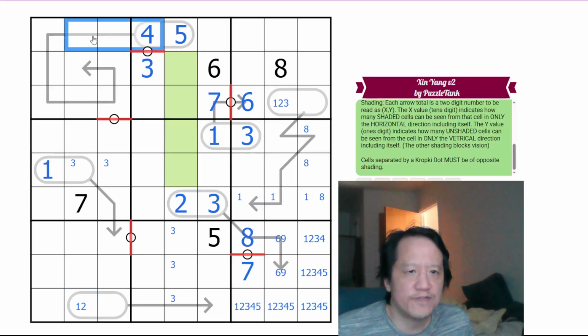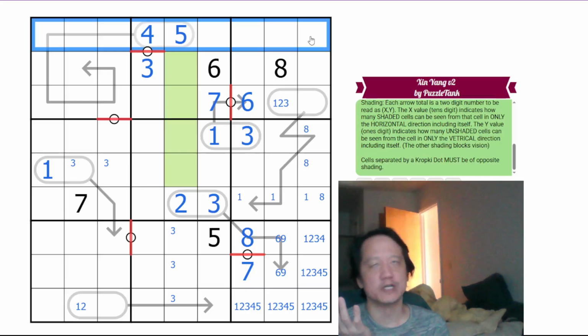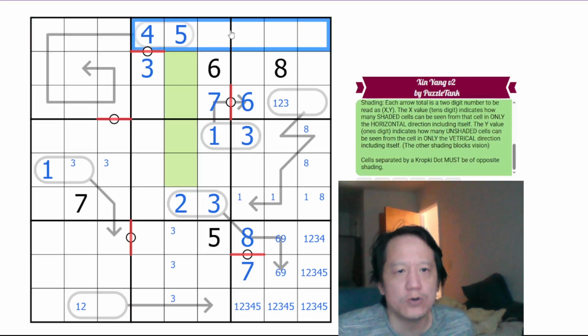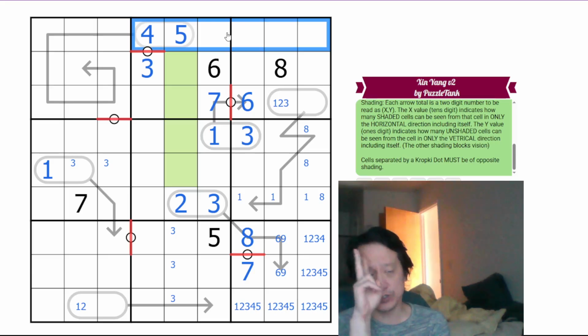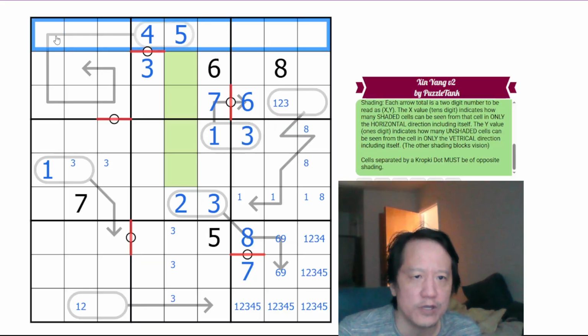So this sees 4 shaded cells somewhere in row... Okay, so one trick, or I guess not trick, it's a deduction that you can make about yin-yang shading is you can only have 0 or 2 changes of shading on the edge of the grid. And this is because of how yin-yang works.